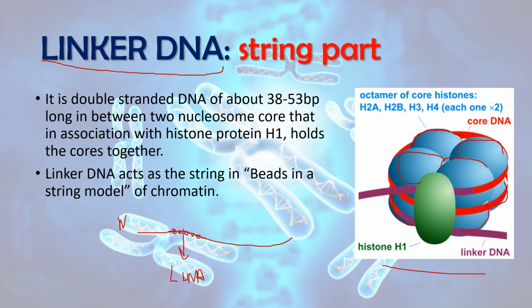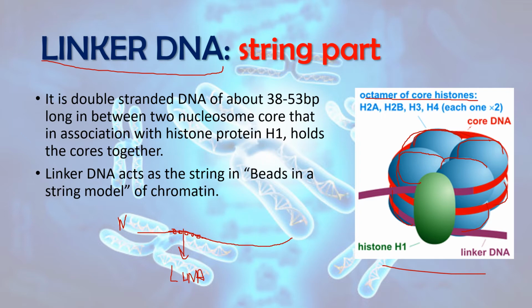So they are forming an octamer having 2 copies of each of H2A, H2B, H3 and H4 histone, and this complete set makes the histone octamer.